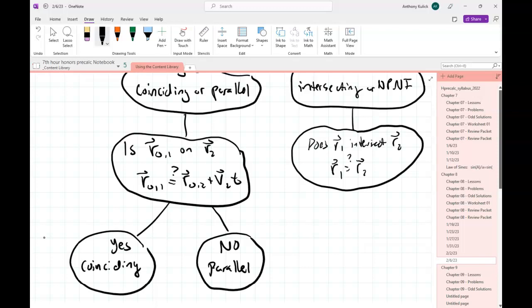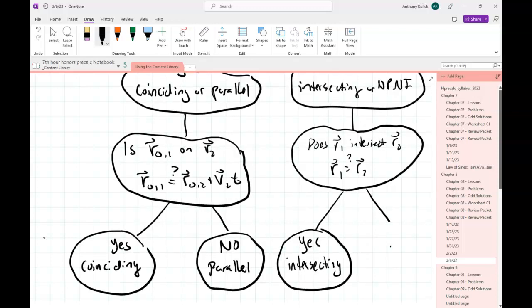We solve that system for s and t. If that system has a solution, that tells me they're intersecting. And we can plug the parameter s or t into either R1 or R2 to find the intersection. If that system doesn't have a solution, then we have an NPNI situation.